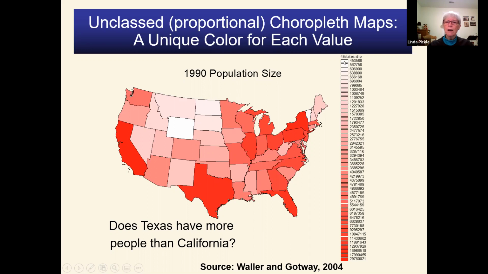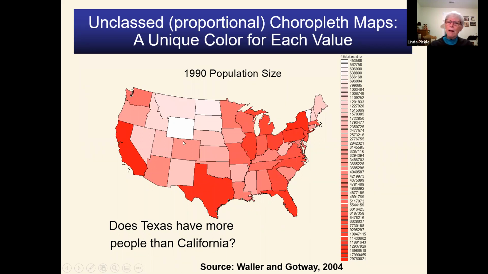In this case, we have a light to dark in the red hue, and there's a greater saturation of color as we move to higher values. Now, if you look, pick a spot here in the legend, which is ordered, and we can see, if you have good color representation on your screen, you can see that this color is a little more saturated, a little darker than the one before.